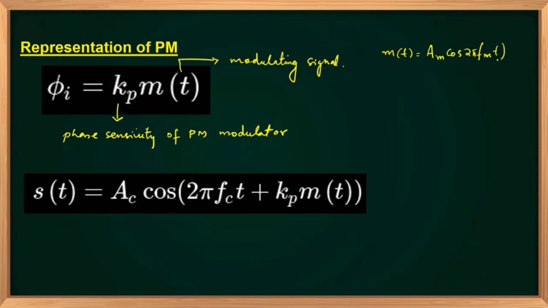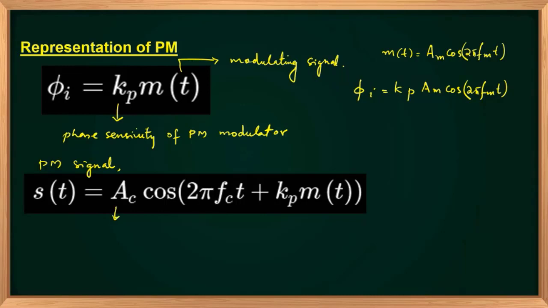In that case, phi i equals Kp into Am into cos 2 pi fmt. The PM signal is s of t equals Ac cos 2 pi fct plus Kp into m of t.